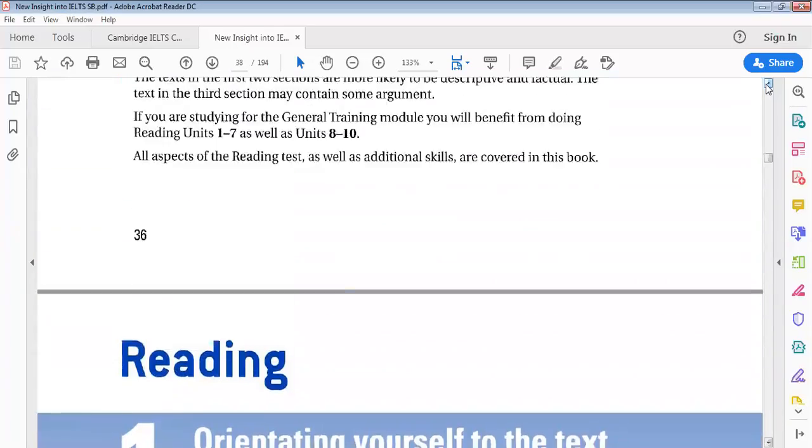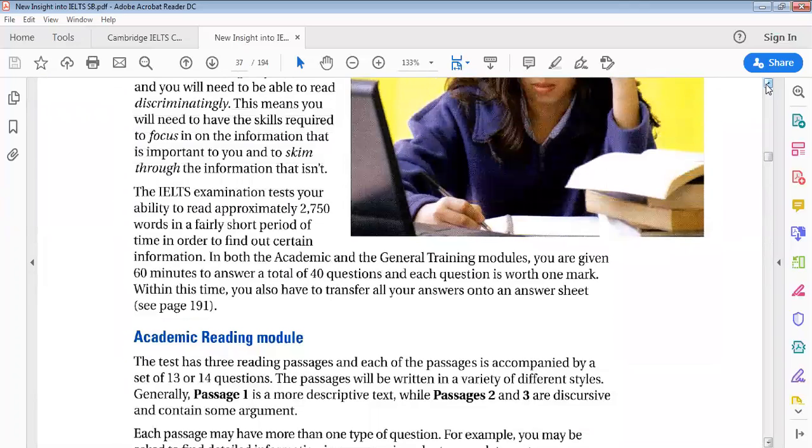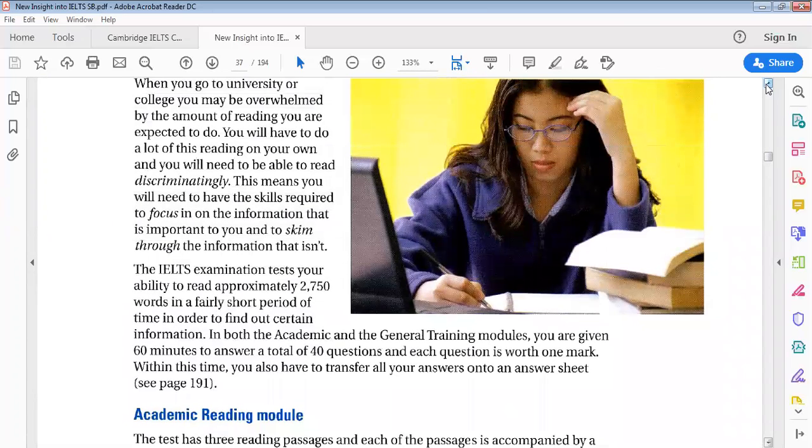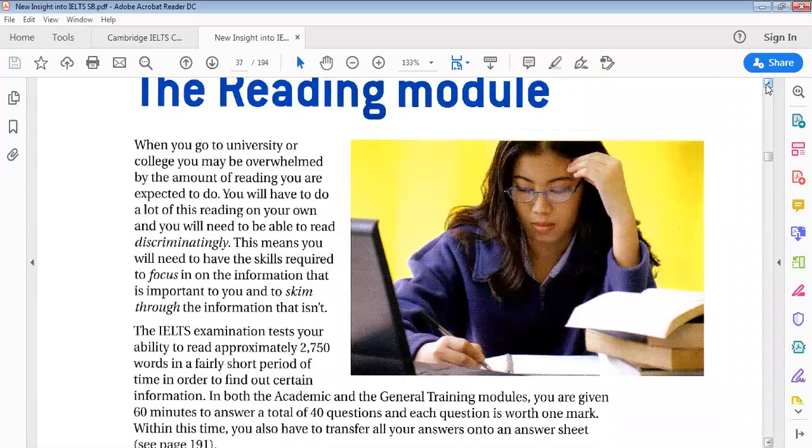Okay, so this is page 36. Have to reread the introduction on the reading module on page 36.